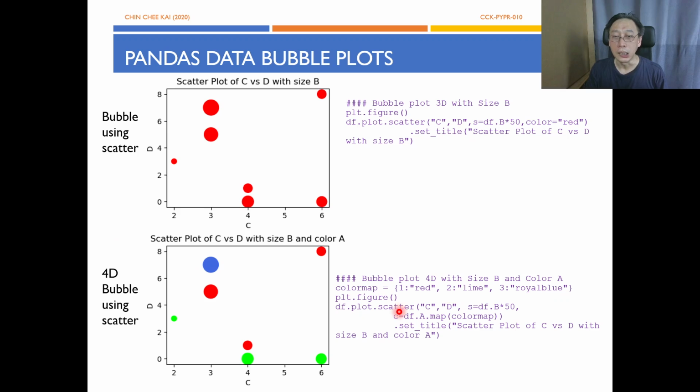Once you do that, you can do the same scatter, C comma D, size is B times 50, and then color c is based on column A mapped with the color map. Remember map? Column A, df.A, is a series. So for the series, we see, for example, 1, 1, 1, 2, 2, 2, 3, and we need to convert that into red, red, red, lime, lime, lime, royal blue.